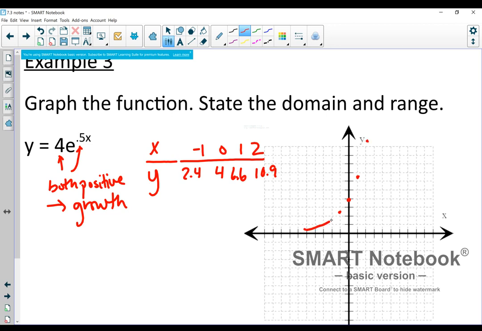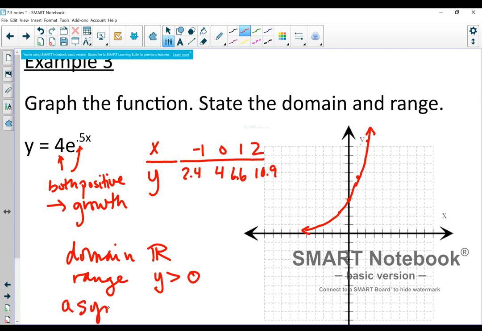So you could notice from this, I still have that same asymptote at y equals 0 or the x-axis. My domain is still all real numbers. My range is still y greater than 0. We're still dealing with an exponential function. And my asymptote is still y equals 0 or the x-axis. So all of that information is still the same.